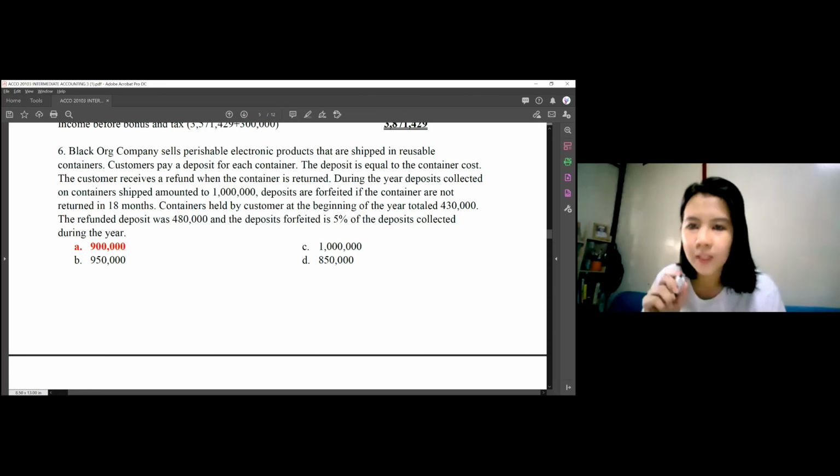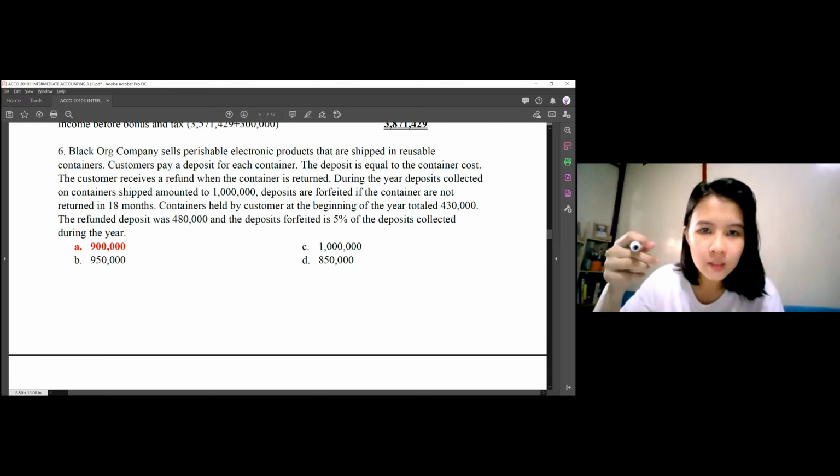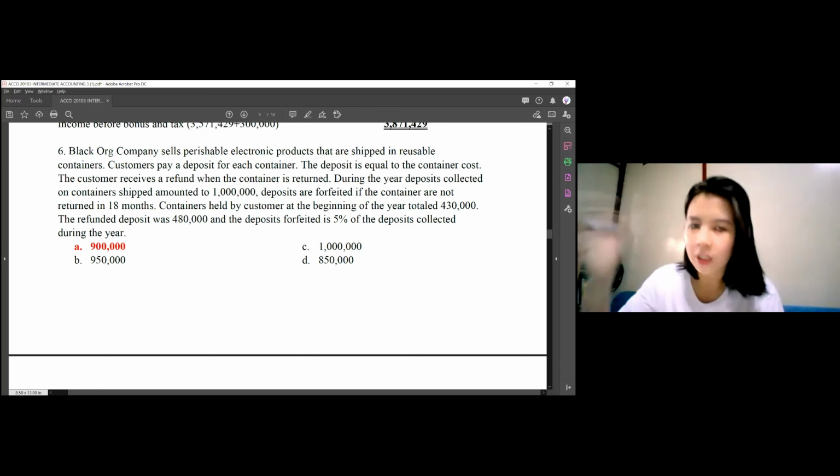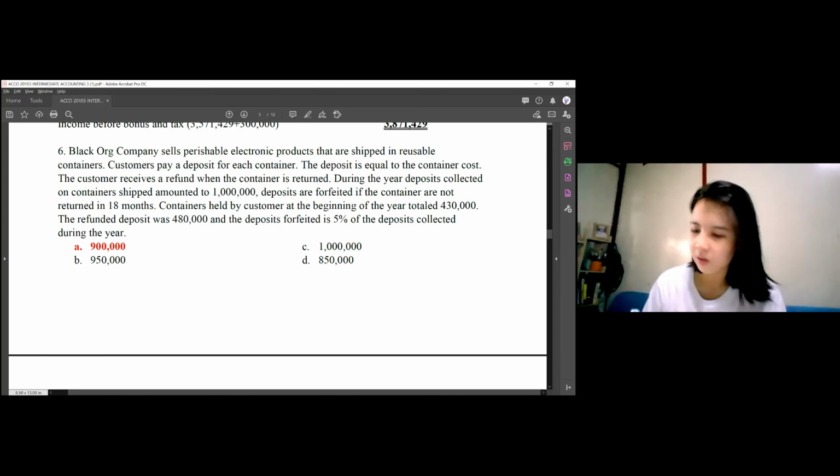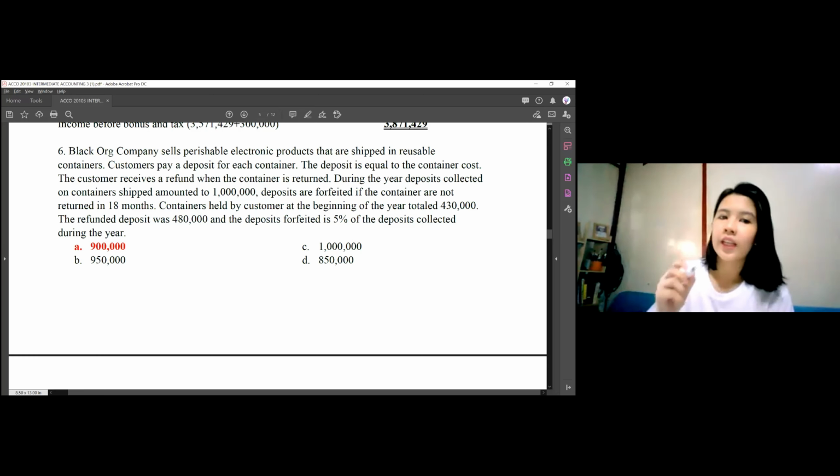First, ang beginning balance ay 430,000. Okay, so during the year, merong 1 million rather na deposits na na-issue. Okay. So, let's add 1 million. And then, merong na-refund na 480,000. So, that's a debit to the liability.